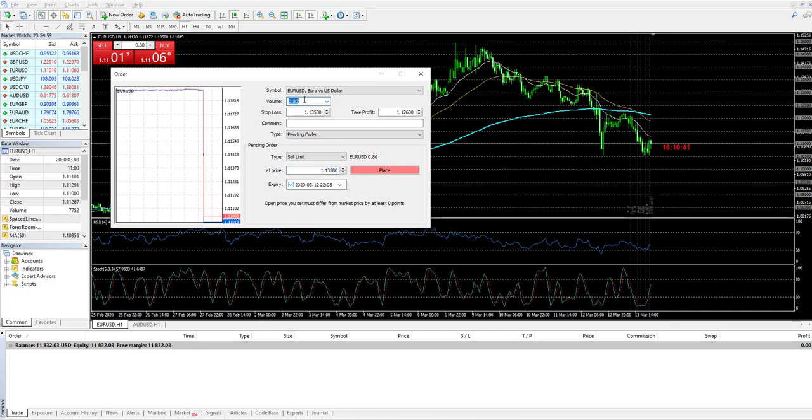So maybe I'm fine with this lot size and losing 25 pips with this lot size, which is about $200 regarding my balance. I believe that's a great risk. And you see the target is more than 60 pips, which is great. So once you're done, you just place the order and that's it.